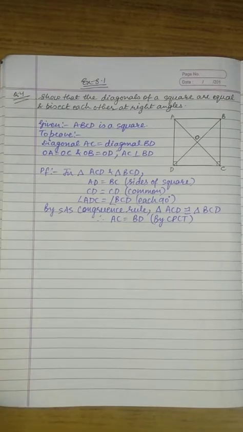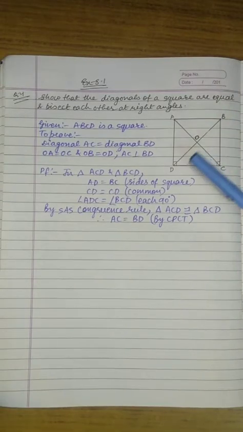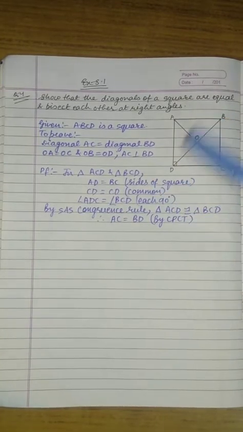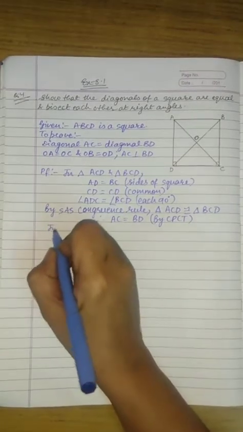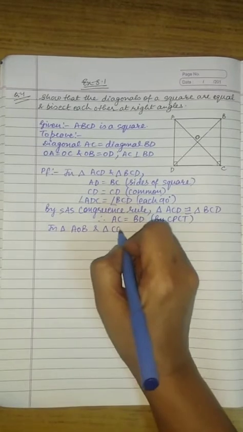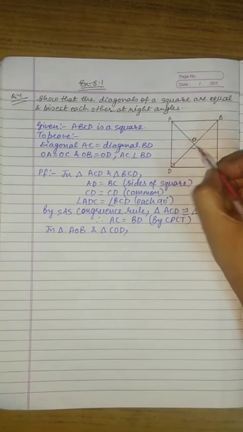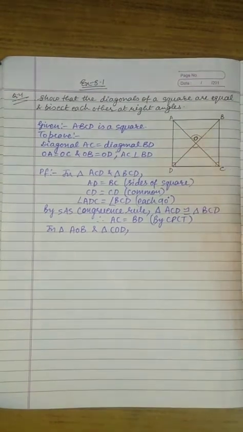So for this we will take two triangles. One is triangle AOB and second is triangle COD. So in triangle AOB and triangle COD, now in these two triangles you can see these two angles are vertically opposite angles.